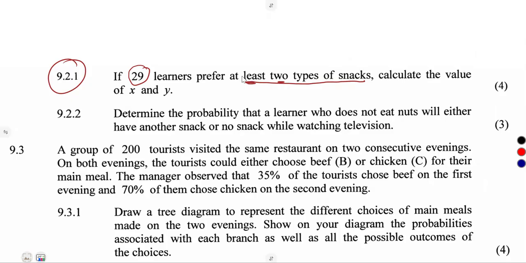At least means from what you are given going up. So if we say at least 2, it means 2 or more. That is at least 2, starting from 2 going up. At least 1 is 1 going up.